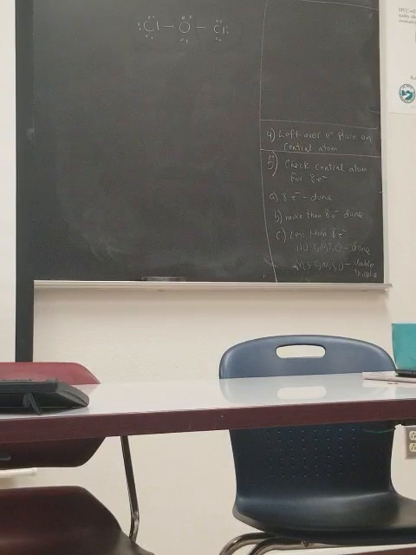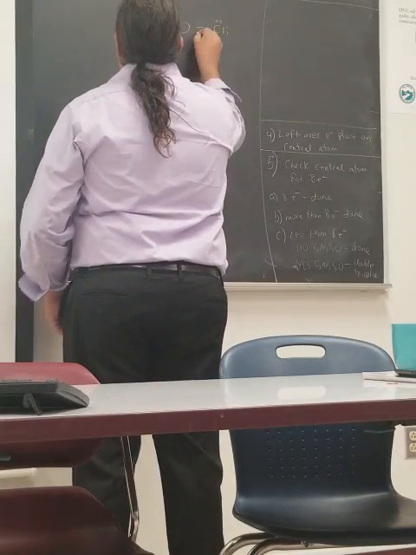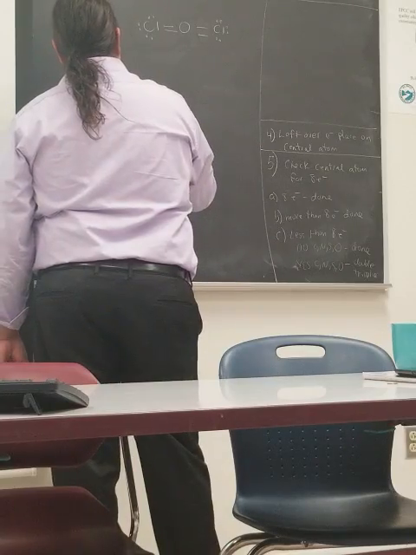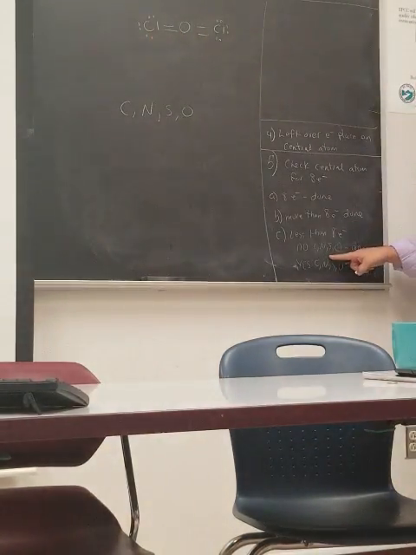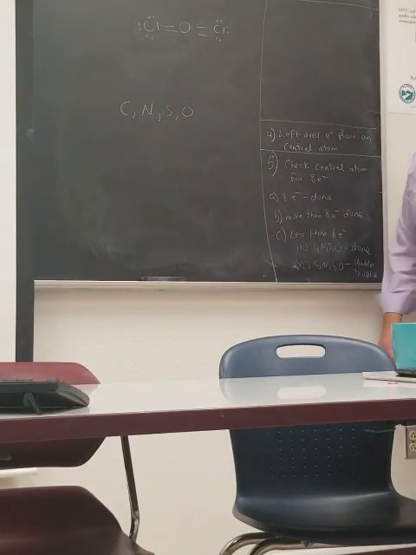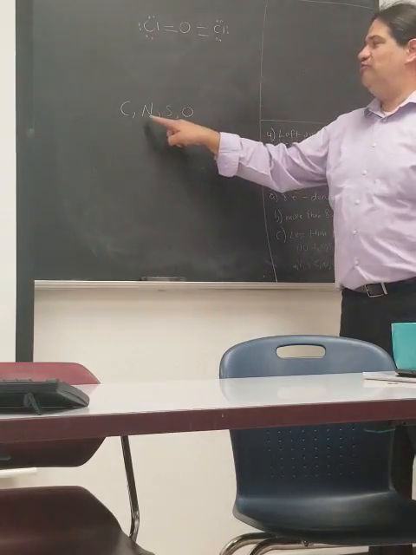What if you just did the double bond instead of the lone pair? The only elements that can double bond are these. That's why we have to keep an eye out for this over here. So oxygen would have to attach to another oxygen or a sulfur or a nitrogen oxide.